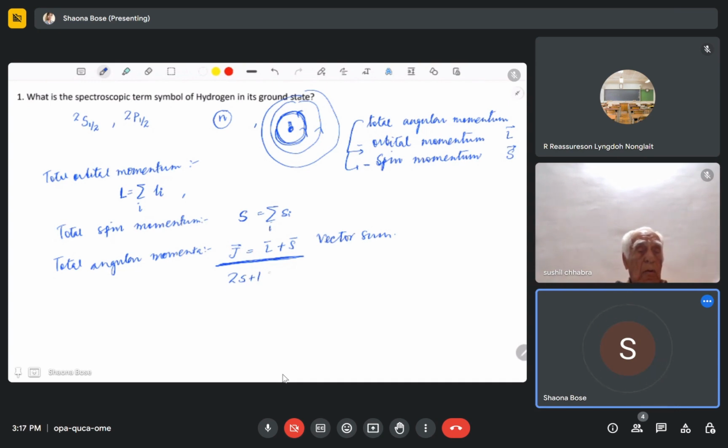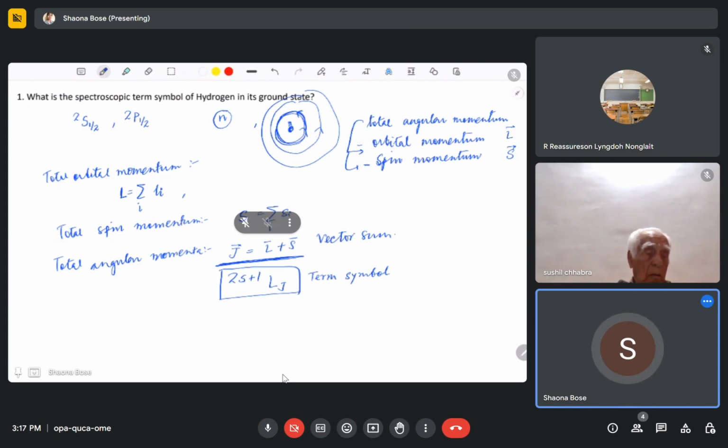2S plus 1, L, J. This is known as the term symbol, and this specifies an energy level of the atom.